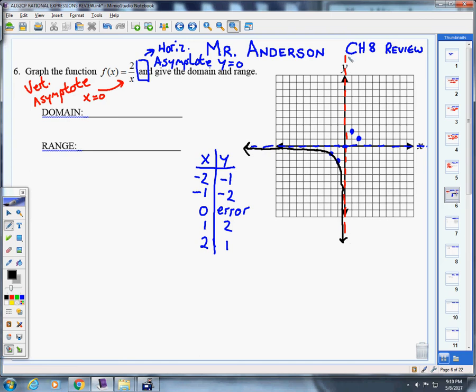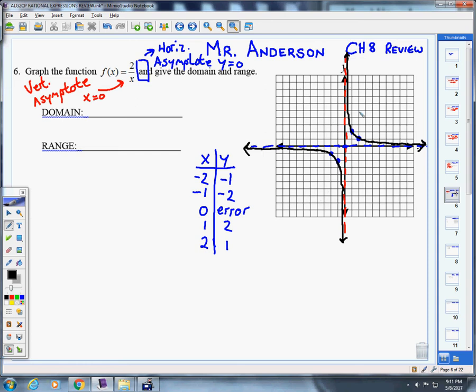I'm trying to draw this accurately. On the other side of the vertical asymptote, same thing. I am really close to that vertical asymptote, and then I pull away a little bit. I go through these 2 points that I have on there for accuracy, and then as I go out towards x values of positive infinity, I get closer and closer to that horizontal asymptote.